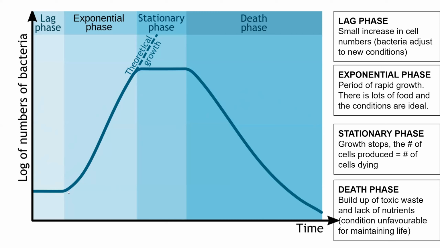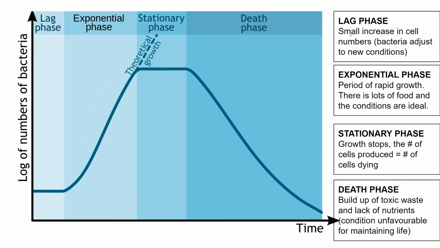These different curves represent different things, and we'll look at what those mean. Each part of the curve has a phase. We call this first part here the lag phase. This is then the exponential phase. This is the stationary phase, and this is the death phase.